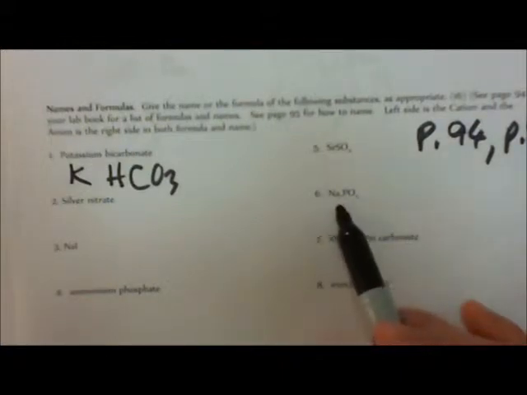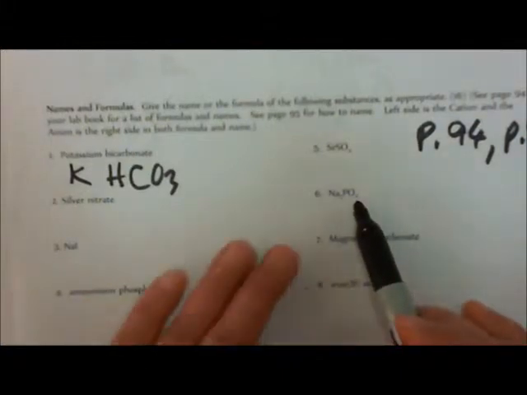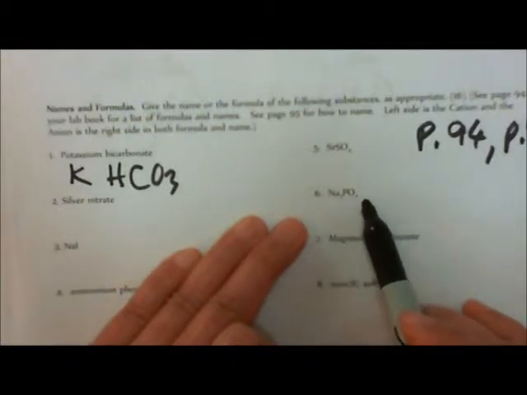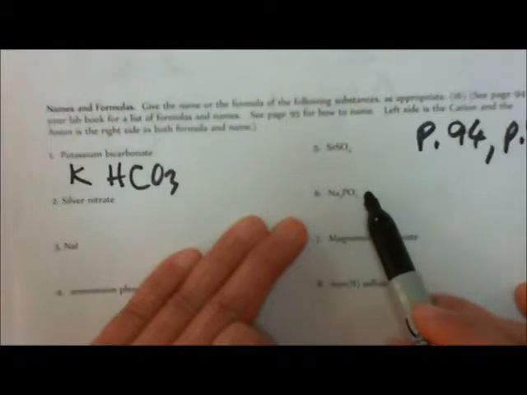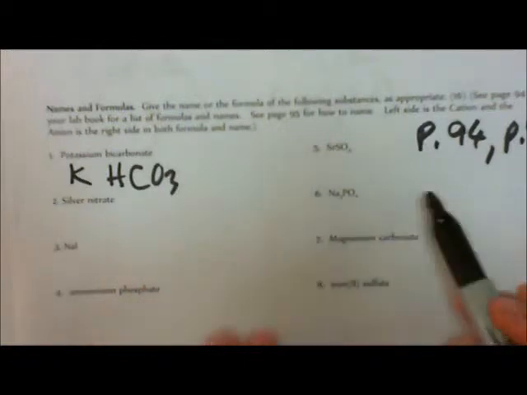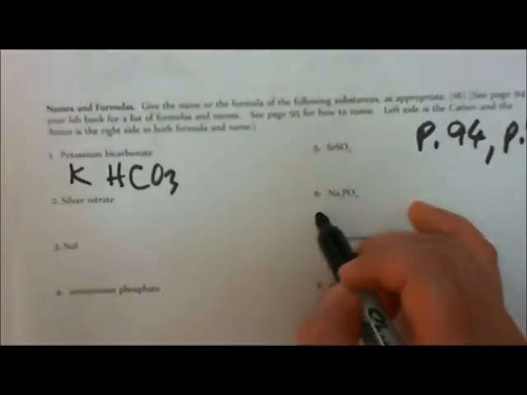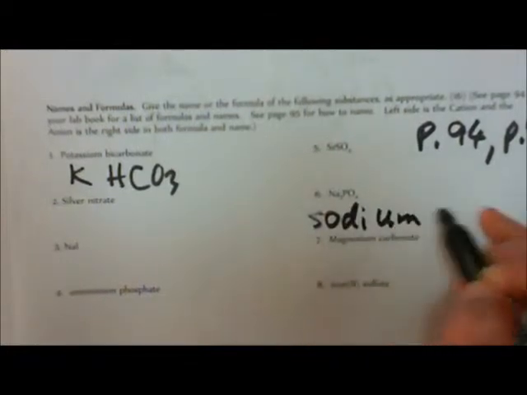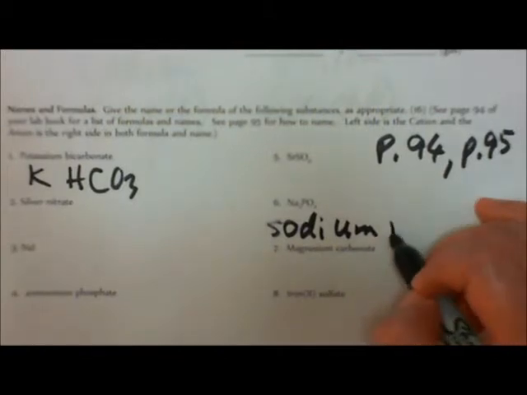And then we have some where you go from the formula to the name. So here is Na3PO4. You'd look at page 94 and see that PO4 is named phosphate, and then you can look at the symbol Na and find that that would be sodium. So the name of this compound is sodium phosphate.